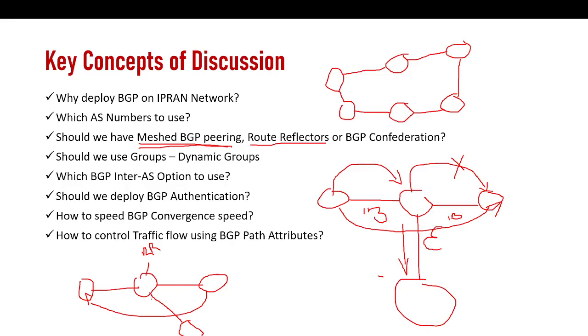With this, you are able to control the route exchange from one place, the route reflector, and you don't need meshed BGP peering sessions between different routers. We also have BGP confederation. This is like an AS within a bigger AS, so that they become EBGP. So that is BGP confederation, route reflector, and meshed BGP.